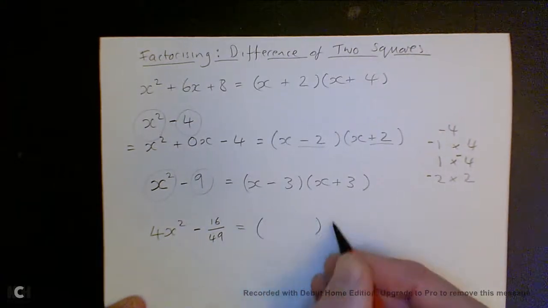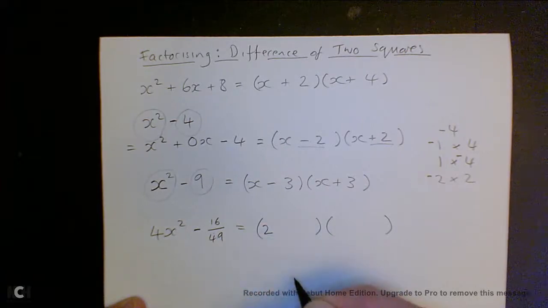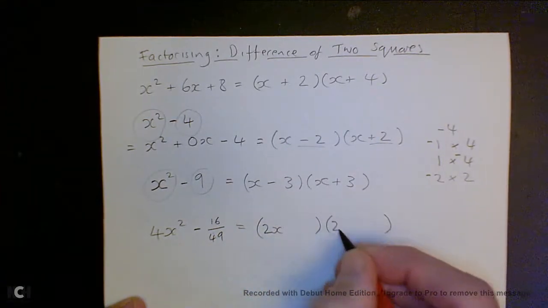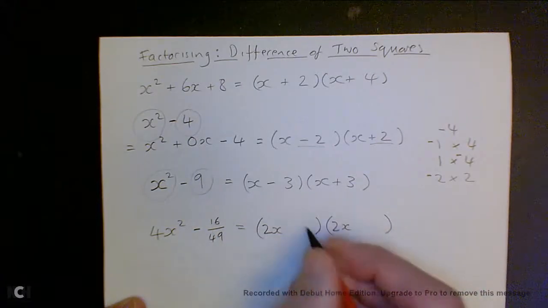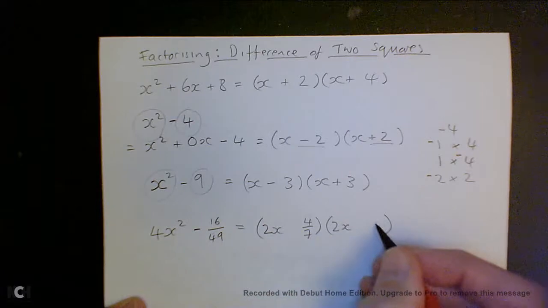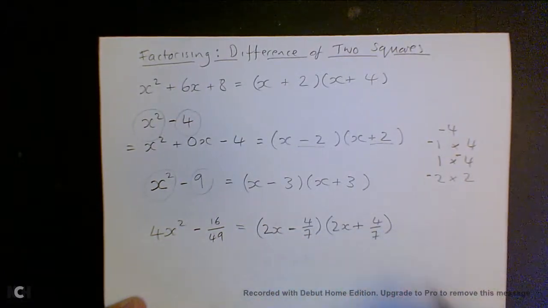Two brackets: square root of 4 gives me 2, square root of x squared gives me x, square root of 16 is 4, square root of 49 is 7. One's got to be negative, one's got to be positive.